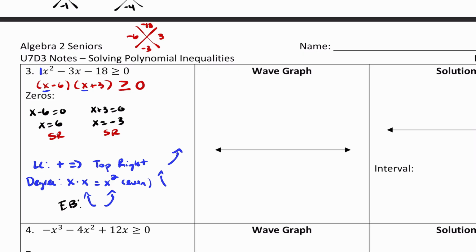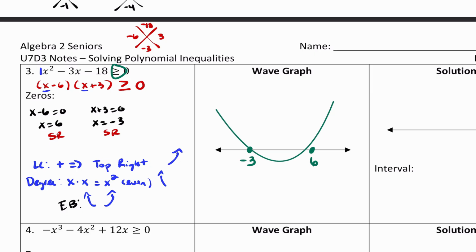All right, so for my wave graph, we have -3 and +6. Notice that we have a greater than or equal to sign. So that means these dots must be closed, okay? And it's also important to note that since it's greater than or equal to, we need to shade above the x-axis. But let's go ahead and draw out our wave. We're starting top right, and then we know that at 6, I'm going to cross, but as I approach -3, I should cross as well.